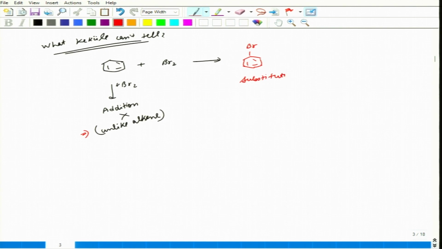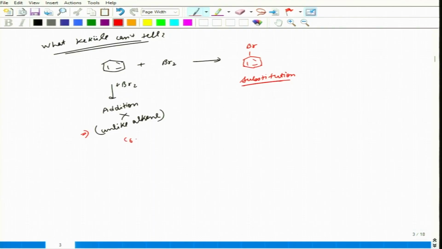That means it is a different structure. We get to know that it is a different structure. What we got is that substituting any one of the hydrogens, we get the same structure. That is, it does not give C6H4Br2.